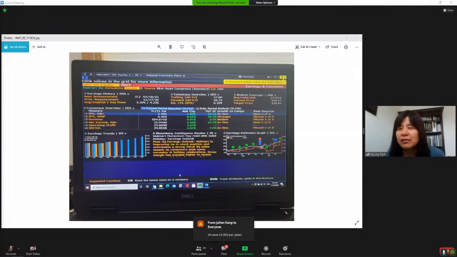$16,000 per quarter. So $64,000 for 3 terminals per year. And it's an academic rate. So the Bloomberg company provides 3 terminals for $64,000 per year.